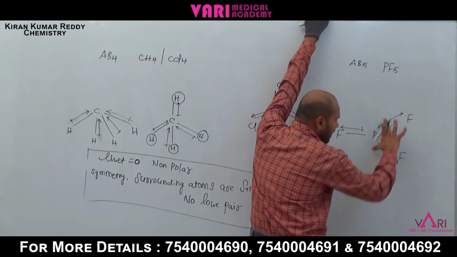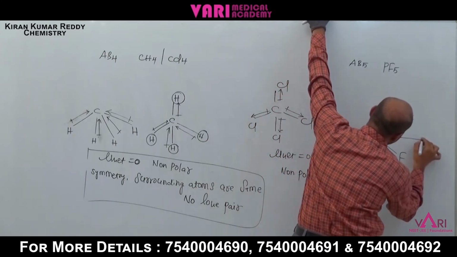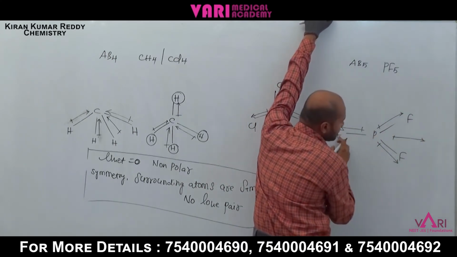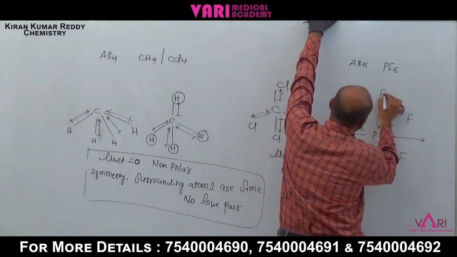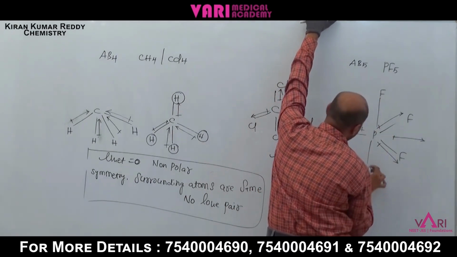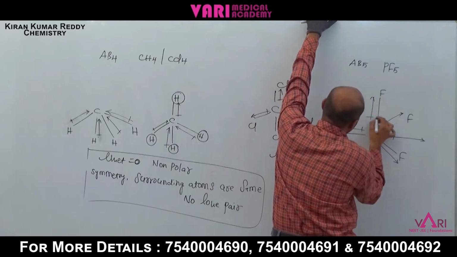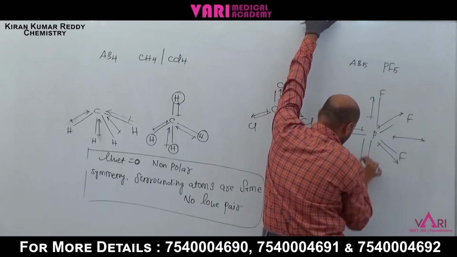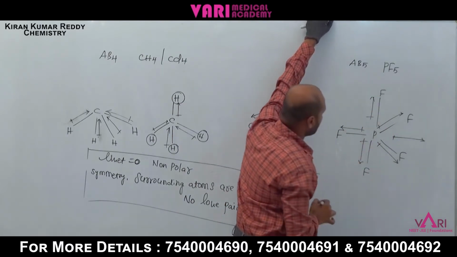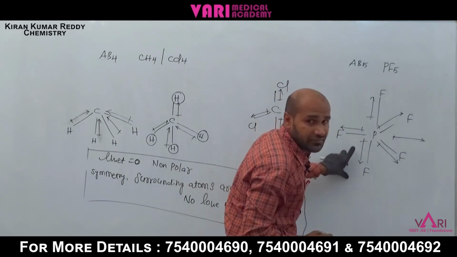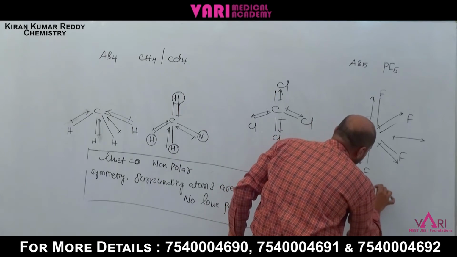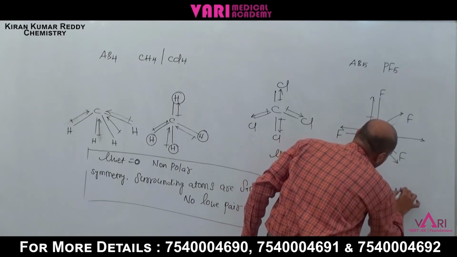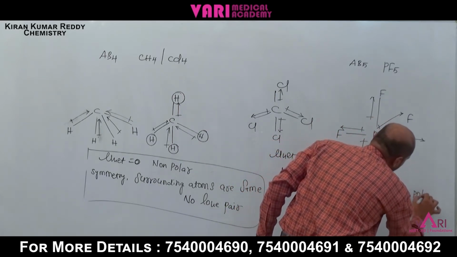Now these two vectors, the resultant will be like this. This one and this one, they are cancelling. Here is one fluorine, here is one fluorine. Here also phosphorus to fluorine. These two opposite vectors are cancelling each other. Now mu net is equal to 0. This molecule will be non-polar.